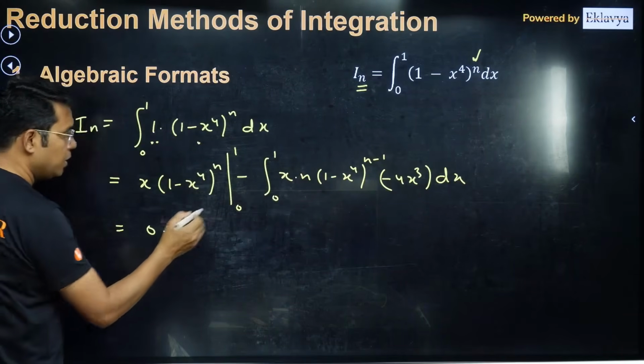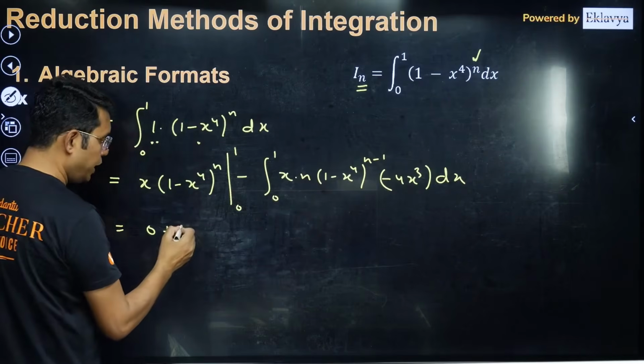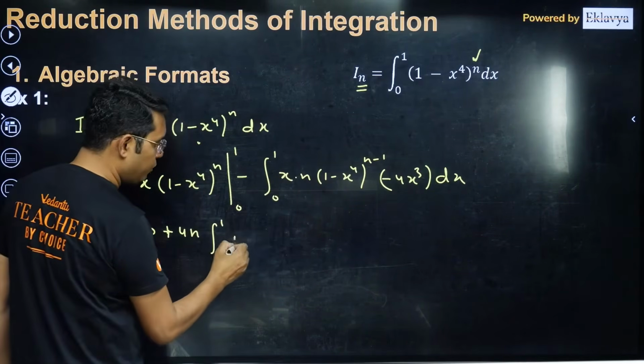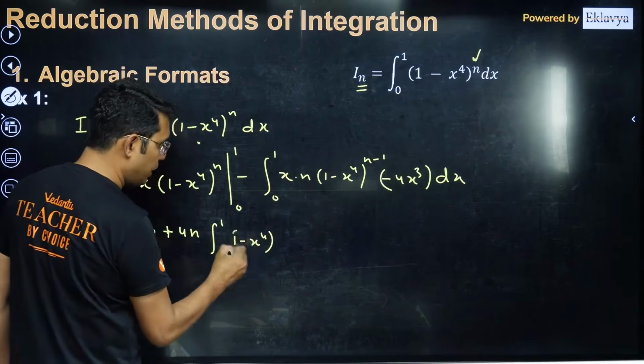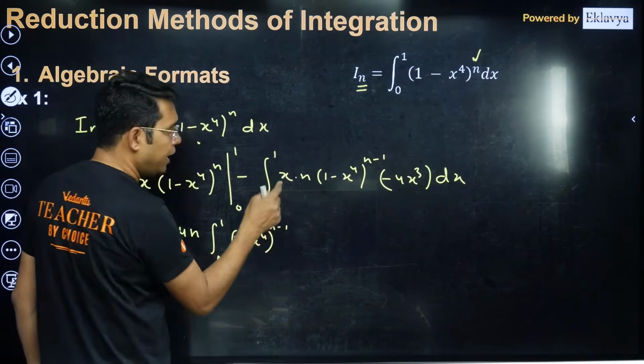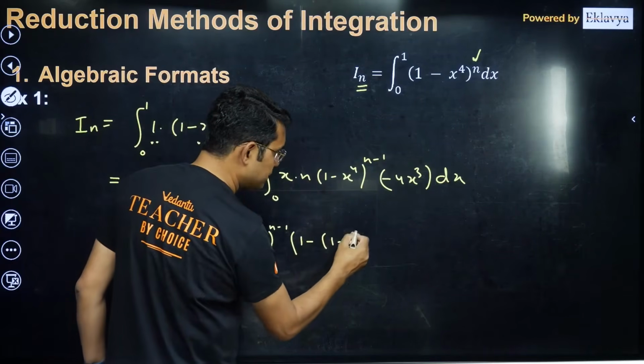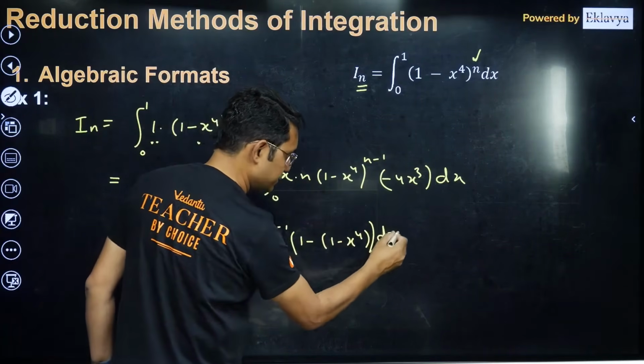Here the minus becomes plus, and 4n I can bring out. And then from 0 to 1, it will be (1 minus x⁴) to the power n minus 1, and this x⁴ I can write as 1 minus (1 minus x⁴) dx.